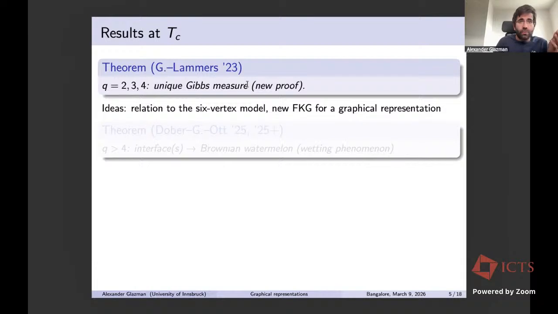So this was originally proven by Hugo, Vadas, and Vincent using their parafermionic observable. So what we do instead, and I'll describe it later in the talk, we relate this to another height function model, the six-vertex model. And we use there some FKG that we established for a graphical representation that I will also introduce.